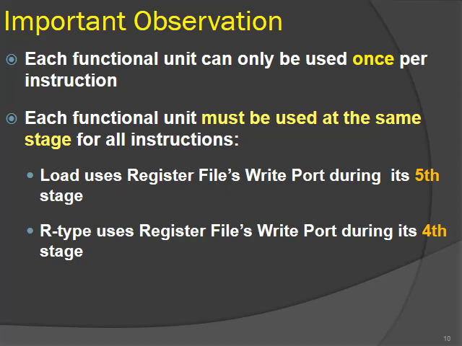So in order for the pipeline to work perfectly, each functional unit can only be used once per instruction. The condition to prevent pipeline hazard is that each functional unit must be used at the same stage for all instructions.